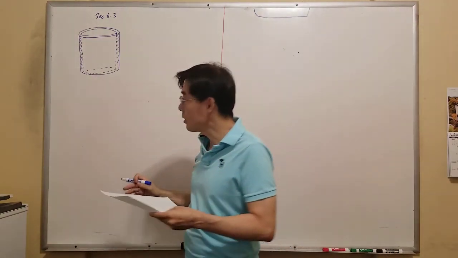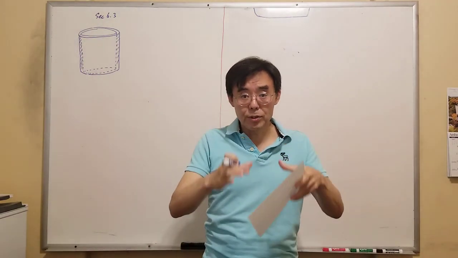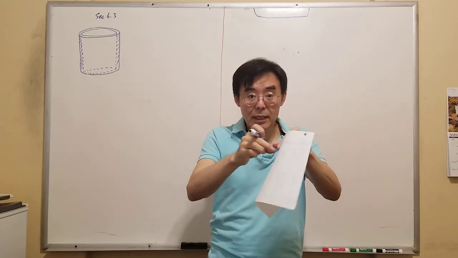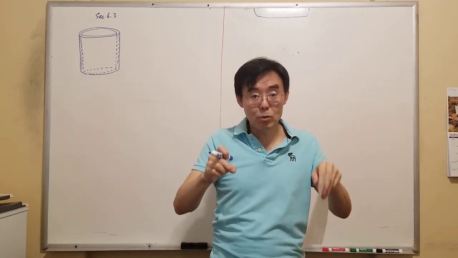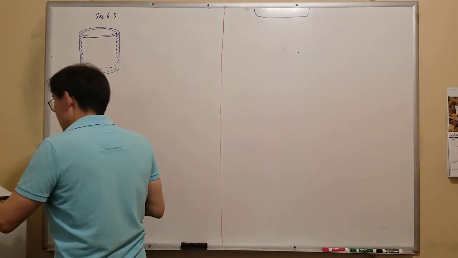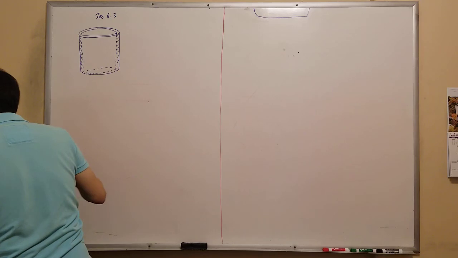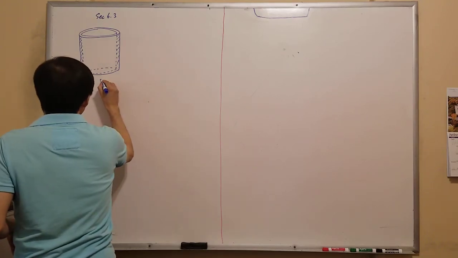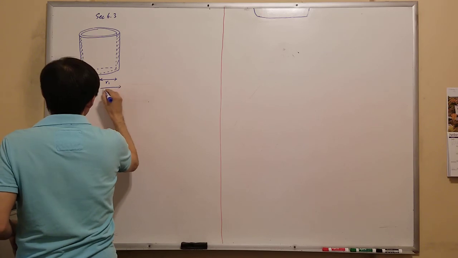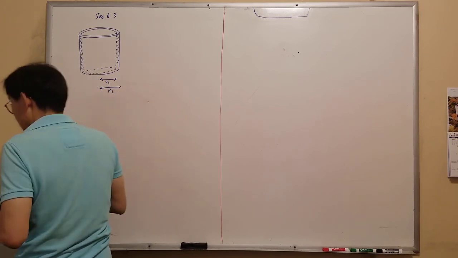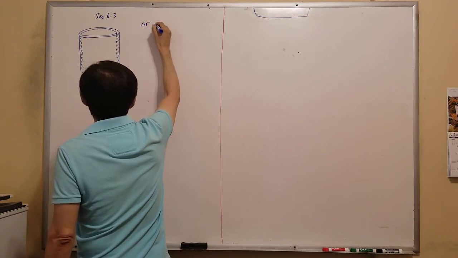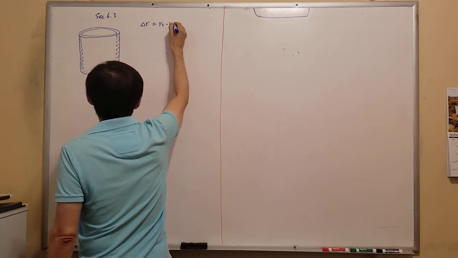A cylindrical shell is made of two concentric cylinders, one large, one small, and the shell is the space between the two concentric cylinders. Let's say the radius of the inner cylinder is R1, the radius of the outer cylinder is R2, and the thickness of the cylindrical wall is R2 minus R1.